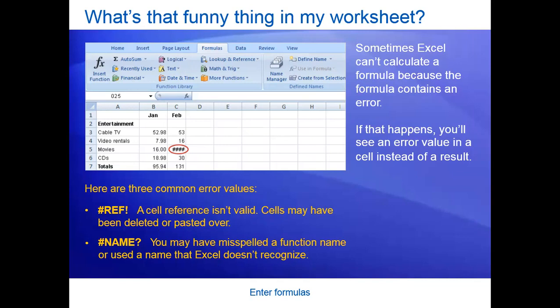Yung hashtag NAME question mark naman, you may have misspelled a function name or used a name that Excel doesn't recognize. Yung formula na ginamit mo, yung data na ginamit mo, yung format na ginamit mo, baka hindi kilala ng Microsoft Excel, yan, pwedeng mangyari ang ganyan. O kaya ganyan yung lalabas sa cell.